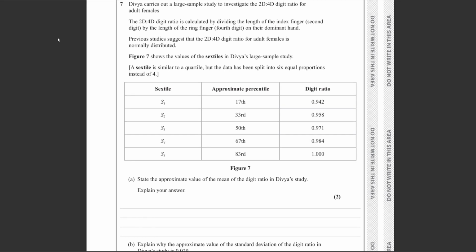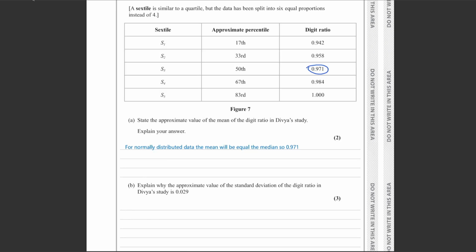In question 7a, for normally distributed data, the mean will be equal to the median, so that's 0.971.